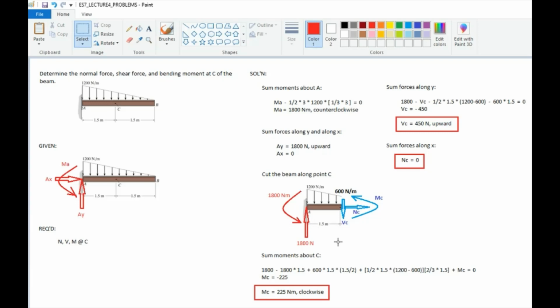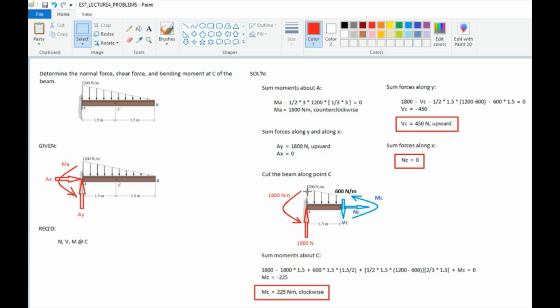And then, plus, what I added there is the 600, this rectangular load of 600. So, that's 600 times 1.5 times the moment arm, which is half of 1.5. Okay? And then, you also add the remaining small triangular load here.